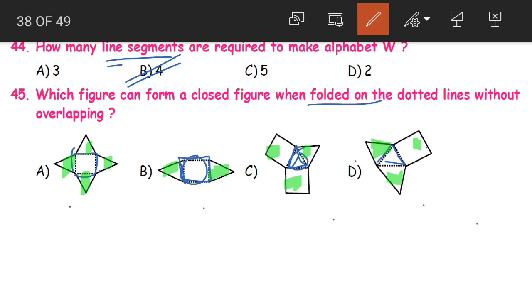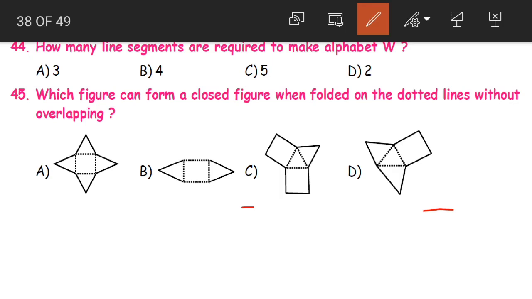Now when we fold along these dotted lines, which of the given 4 options will make a closed figure without overlapping? Without overlapping means one side should not overlap another. For example, it should be like this.